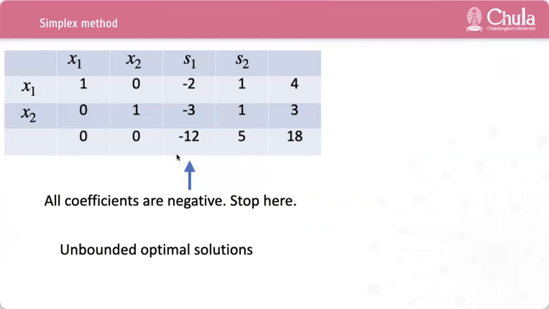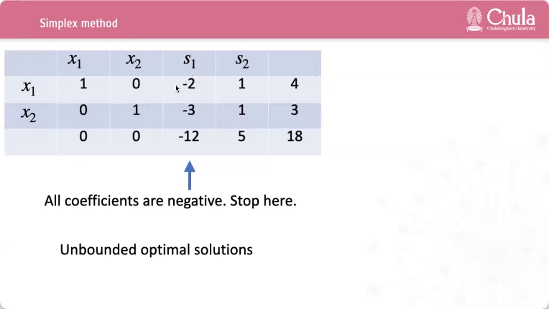Because, from the coefficients of the objective function, we have a negative one here. So the algorithm suggests us to include s1 as a basic variable, but we cannot do that because if we consider b over a, the coefficients in front of s1 are all negative.